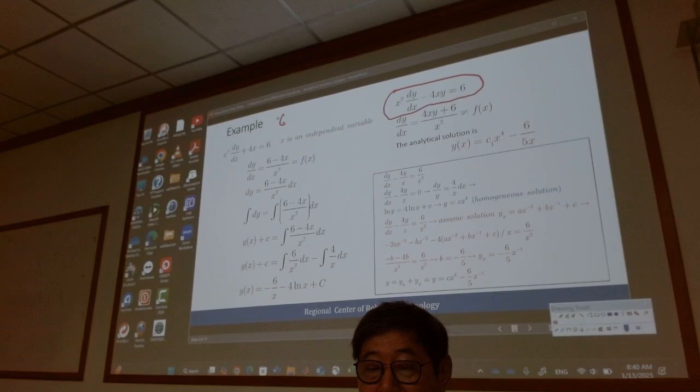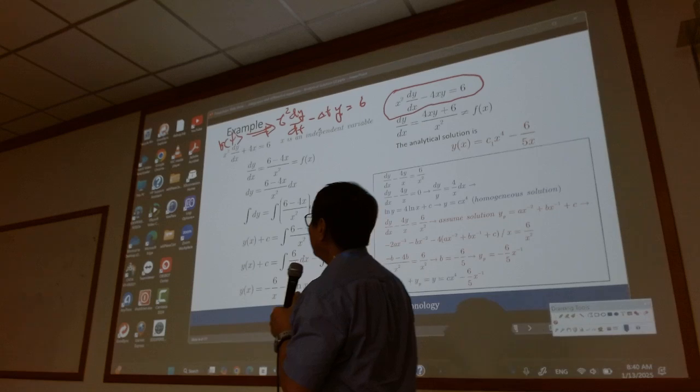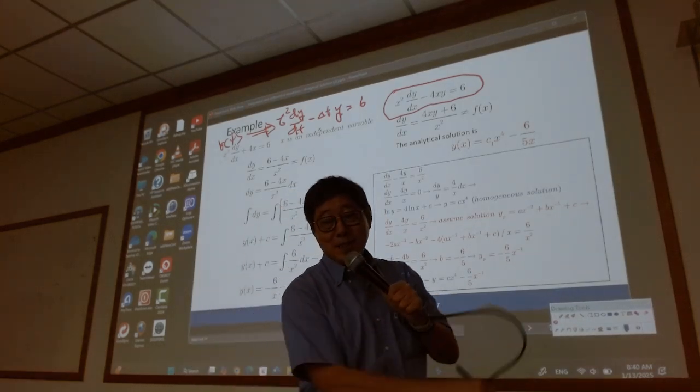If I write this one into this one, let's say environmental T. If I modify this one to this one, is this linear now?